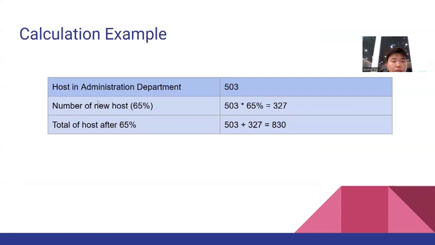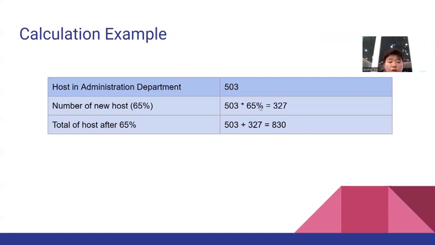Based on the question, we are required to calculate the 65% of growth for the hosts. To count the number of growth of hosts required, we take the original number of hosts, which is 503, and to calculate the number of new hosts at 65%, we use 503 times 65% equals 327.